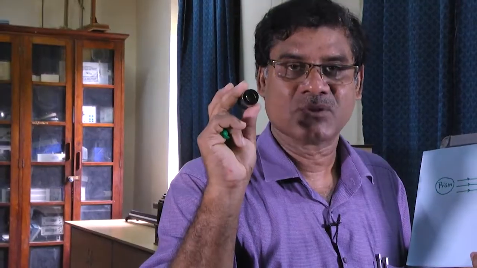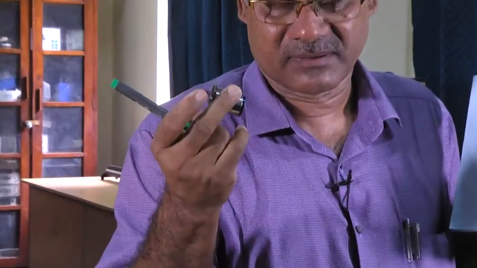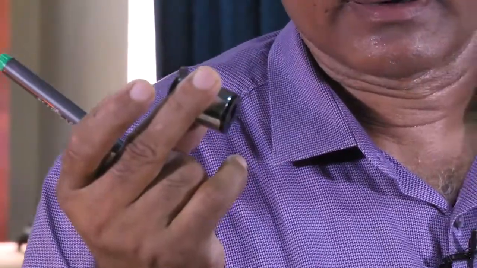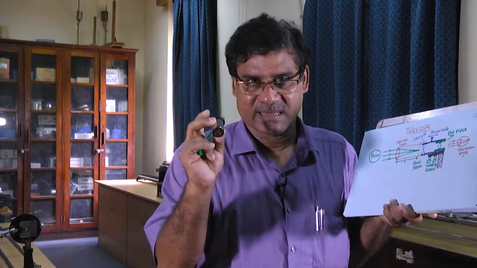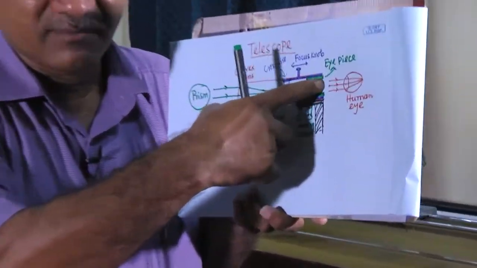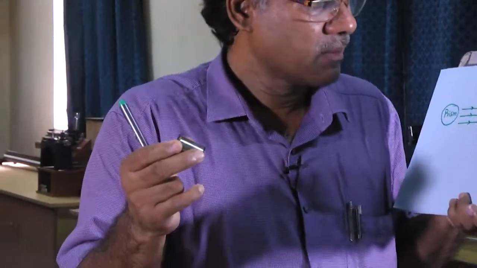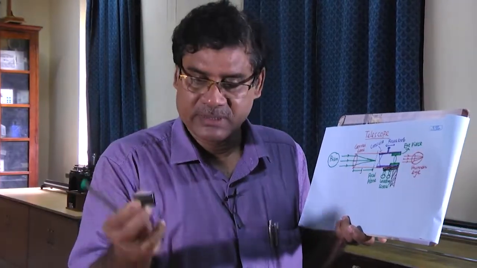There is no single lens here, there is a combination of lenses, I think for a Ramsden type eyepiece. In a simple way, we can say the function of this lens is this, and the other removes the color aberration. So this is the eyepiece.